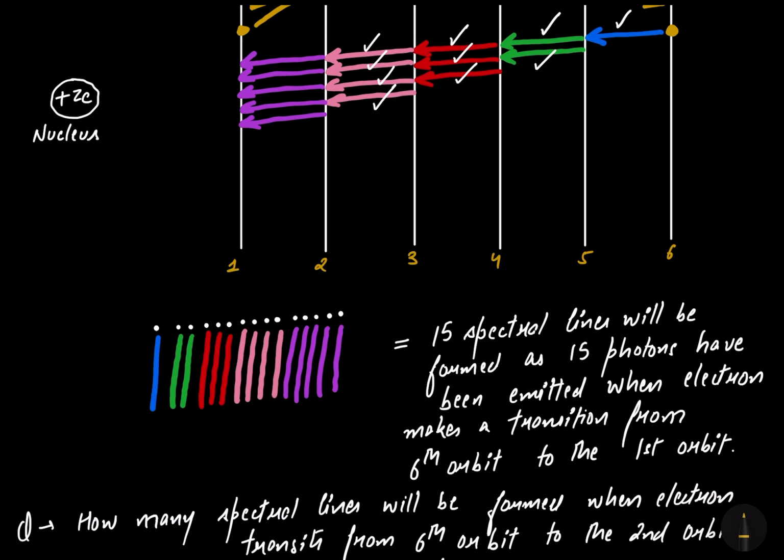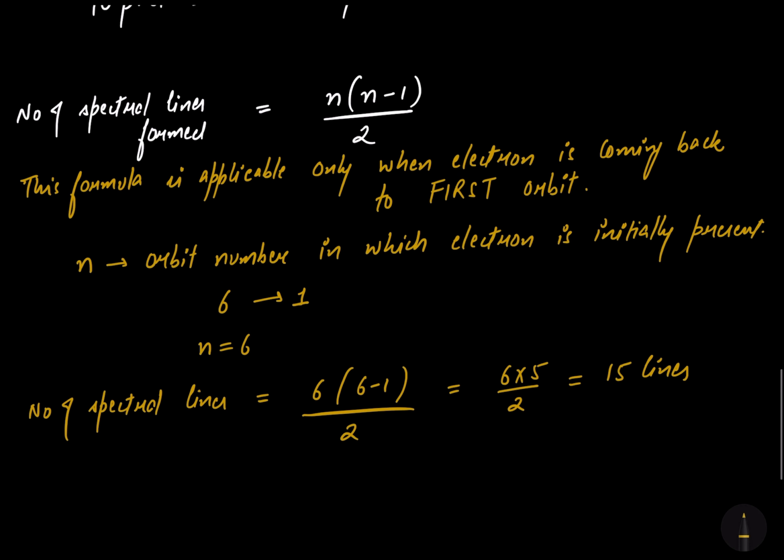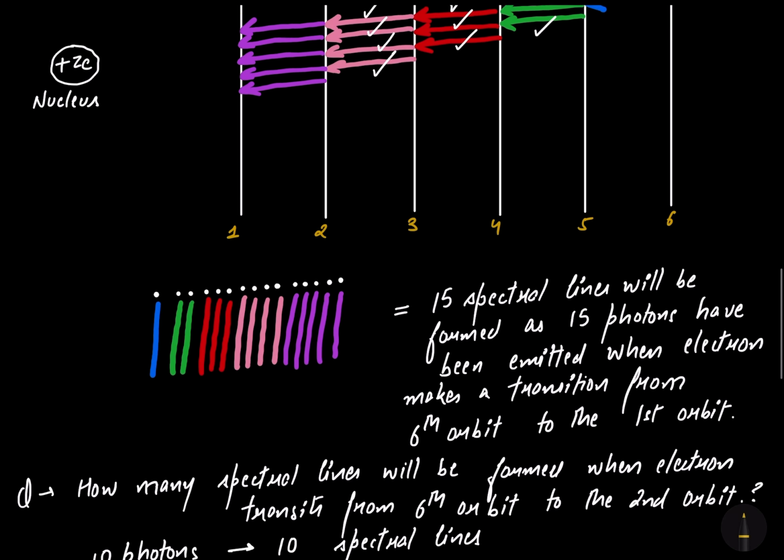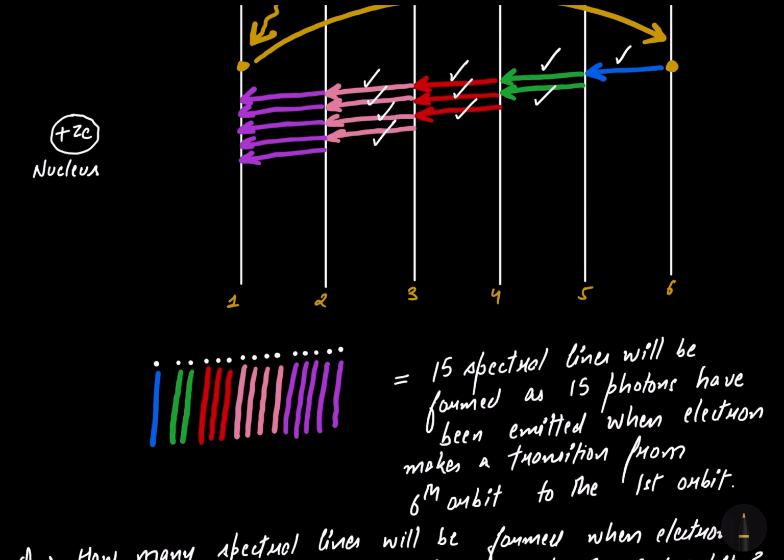We got the 15 spectral lines, and you can also use the formula, but this formula is only applicable when the electron is coming back to the first orbit. If the question is asking when the electron is making transition from sixth orbit to second orbit, then you have to go through this long method, and you have to evaluate the number of photons, then you have to evaluate the number of spectral lines, which is equal to the number of photons emitted.